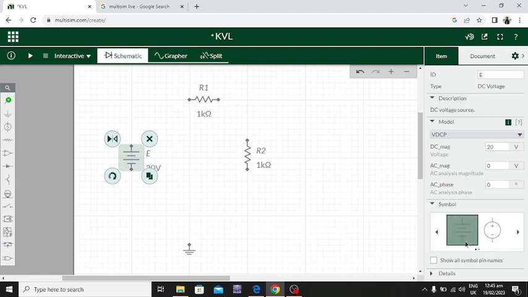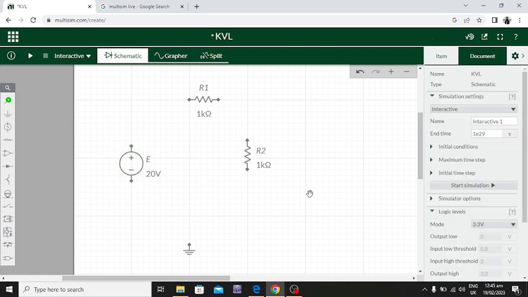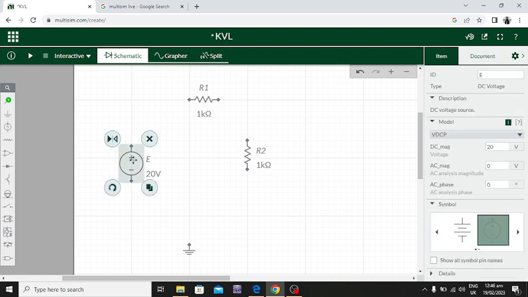Now I want to change this symbol to this one, which would be much better for understanding. Voltage source connected, and everything is done.